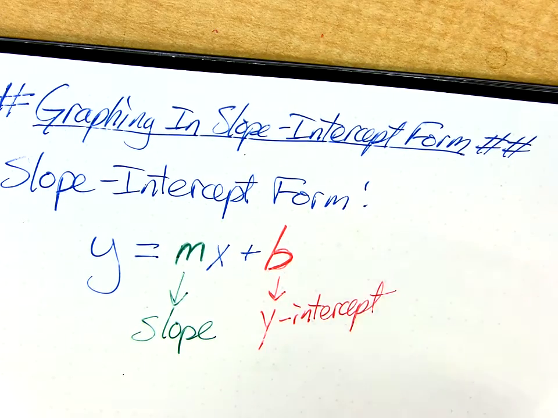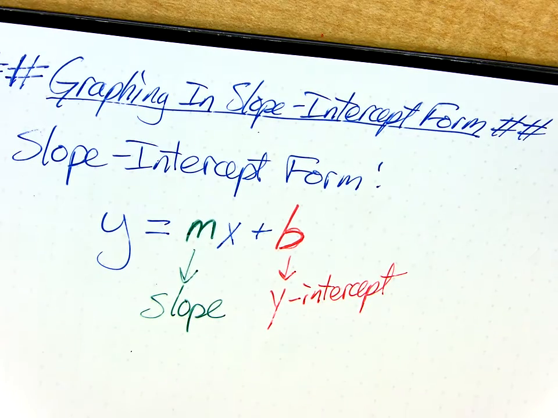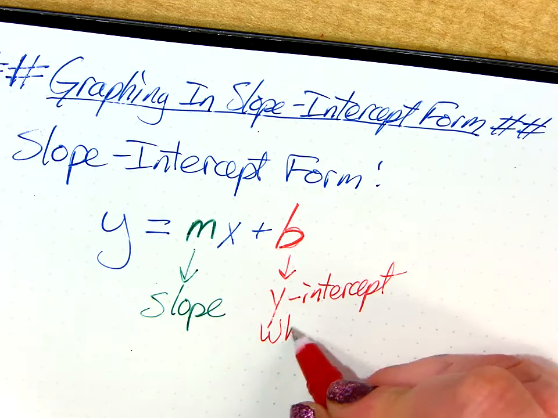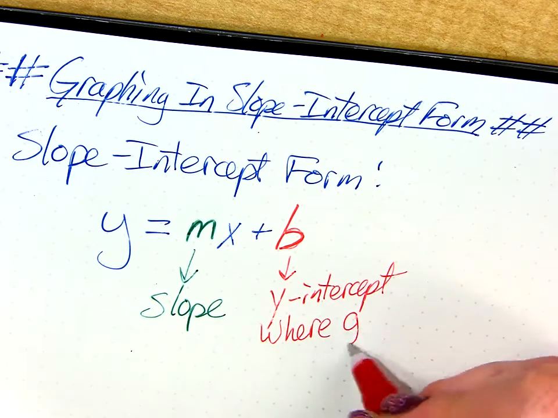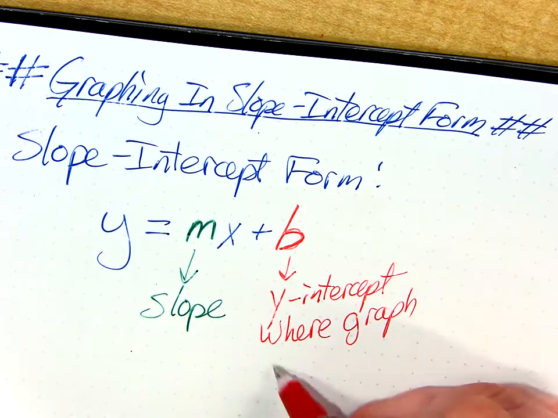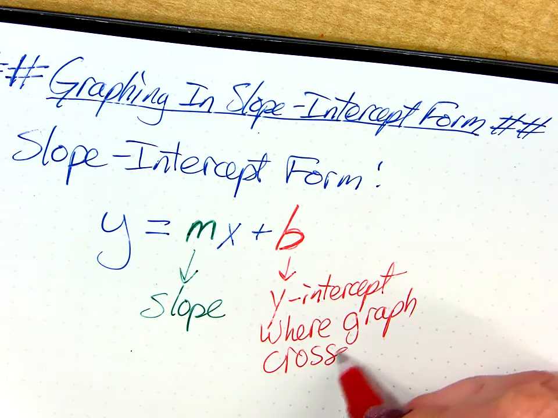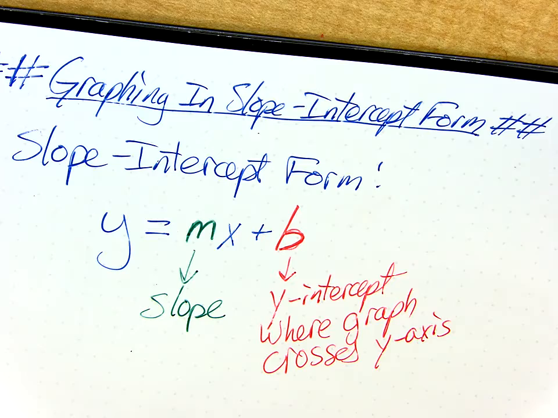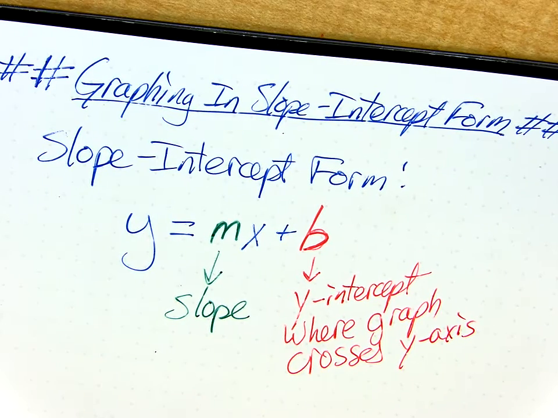So in other words, this is where your graph is going to cross the y-axis. And that's where we're going to start, okay?